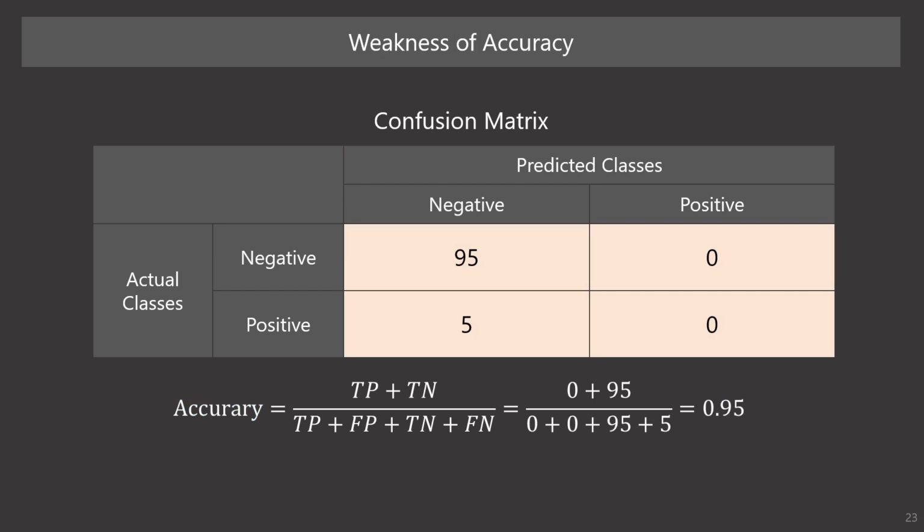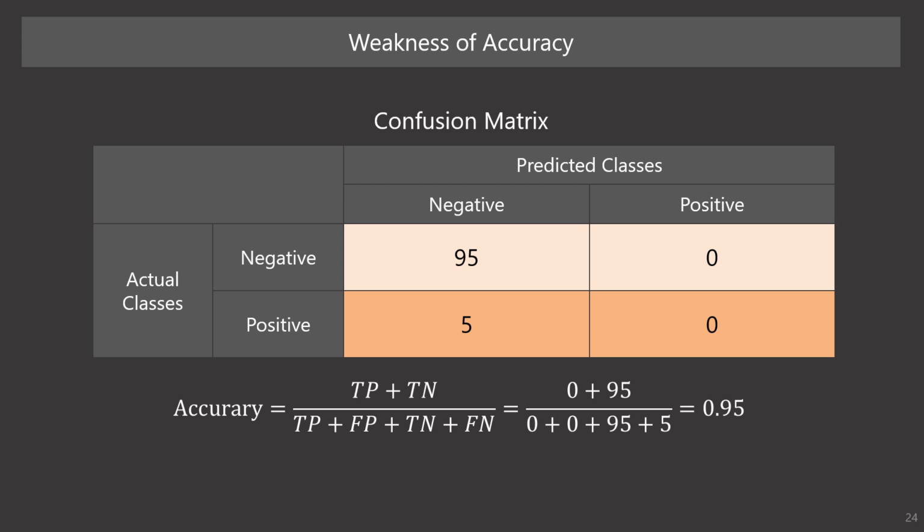But how about this case? According to the formula, the accuracy is 0.95. Can we regard the classification performance as excellent? At least in some cases, we should say this classification performed poorly. It is because, although there are 5 positive cases, the number of true positives is 0.